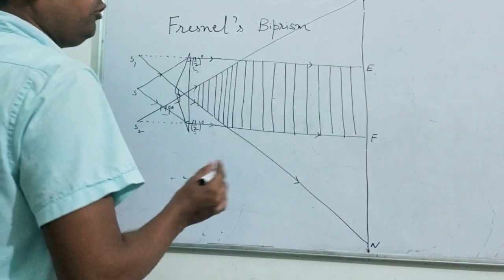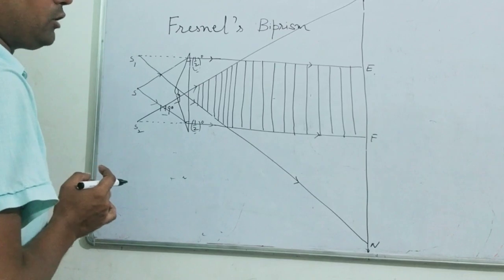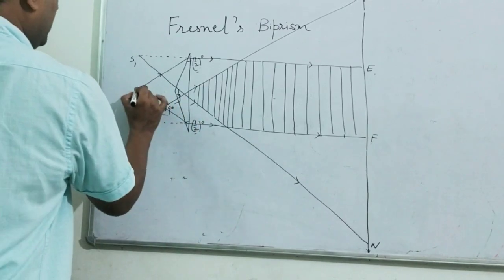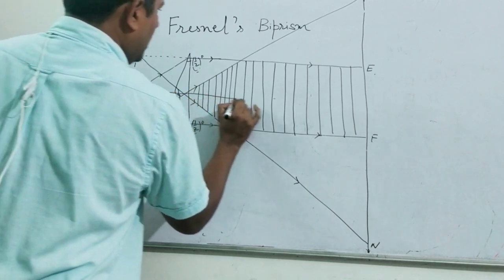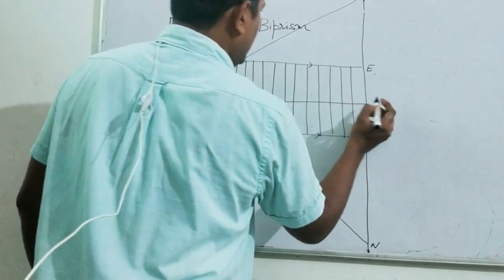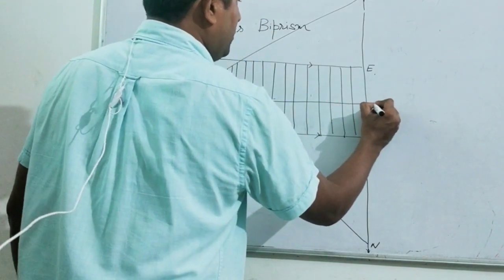An interference pattern of bright and dark fringes of equal spacing is obtained, and the ray passing through the middle of the biprism will strike the screen at point O.